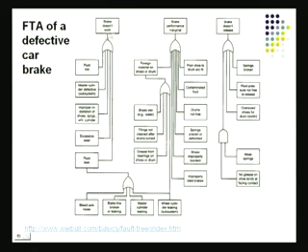A car brake, for example, would not work because of any of these things. Brake performance is marginal, or the brake does not release, or the brake does not work. Any of these could have been caused by any of these components. So this is what we call a fault tree. A fault tree is a tree built of various things that could go wrong, and either they work in parallel or they work in series.